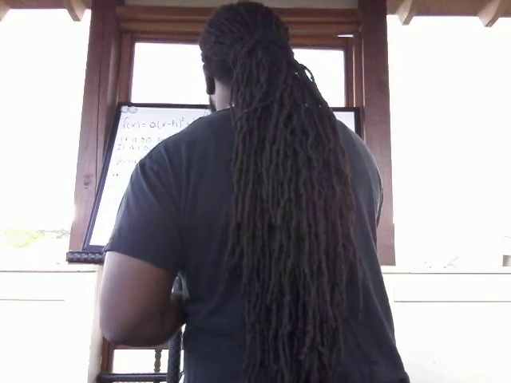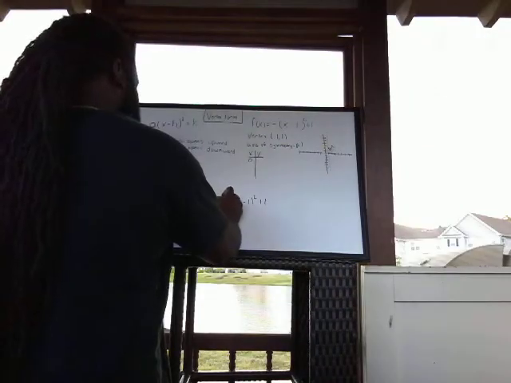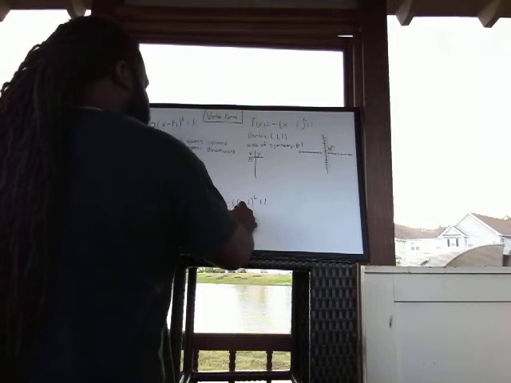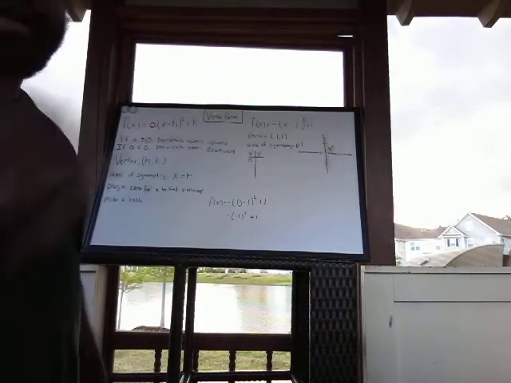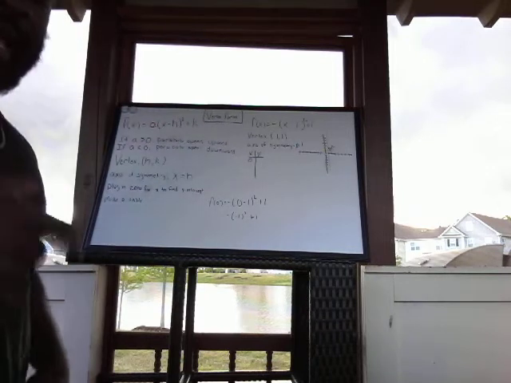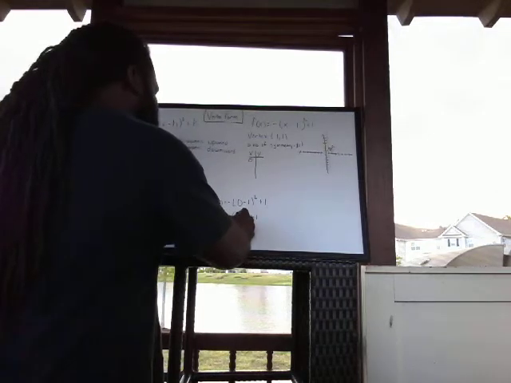So here we're going to plug in 0 for x. That's going to give me negative 1 squared plus 1. Remember, negative 1 squared is not negative 1, because it's negative 1 times negative 1, which gives me a positive 1.